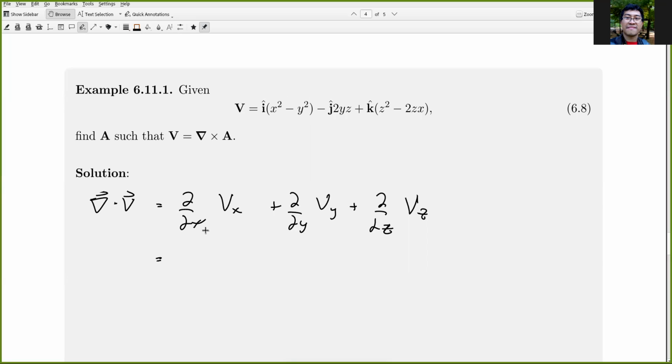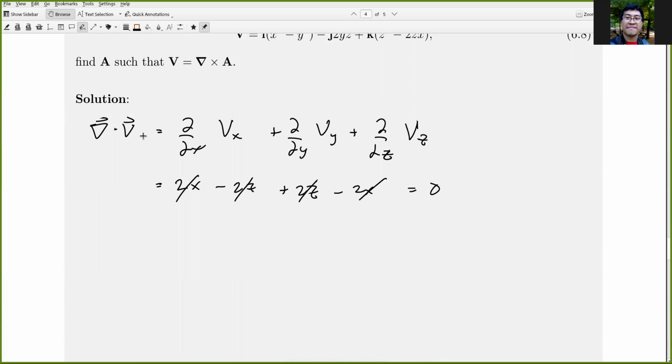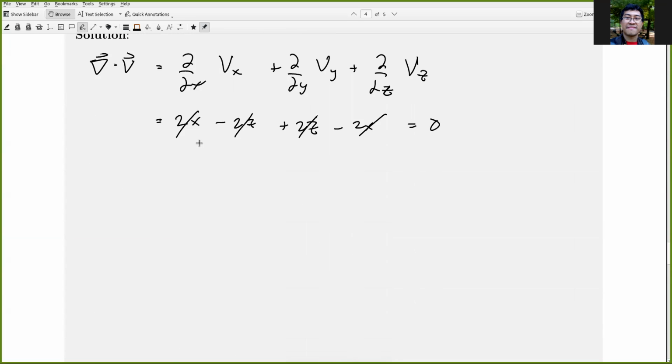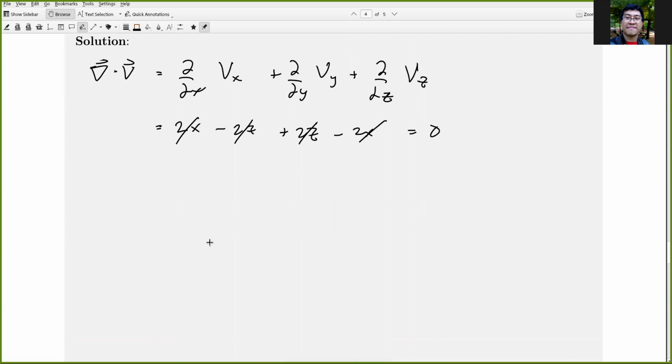Partial derivative of this with respect to x, that's 2x. Partial derivative of this with respect to y, that's 2z. Partial with respect to z of this, that's 2z minus 2x. This 2x and 2x cancels, 2z cancels. This is 0, which means that we can find A because we know that del dot V equals 0, such that V equals del cross A.